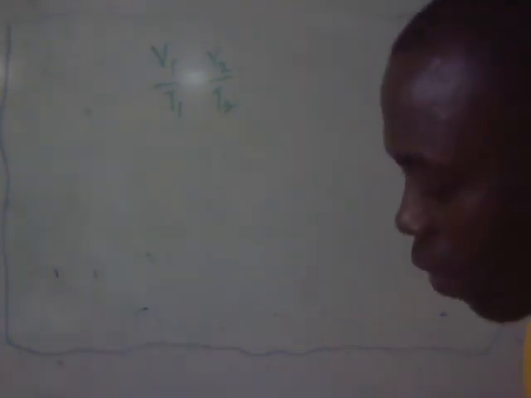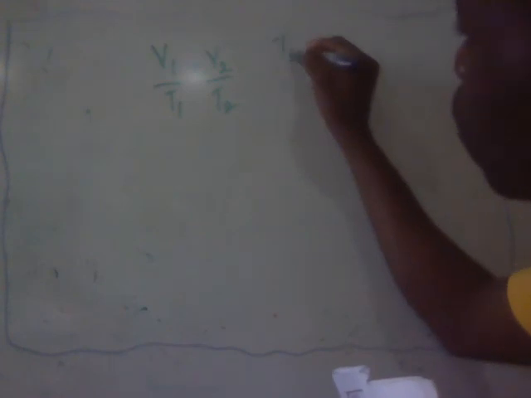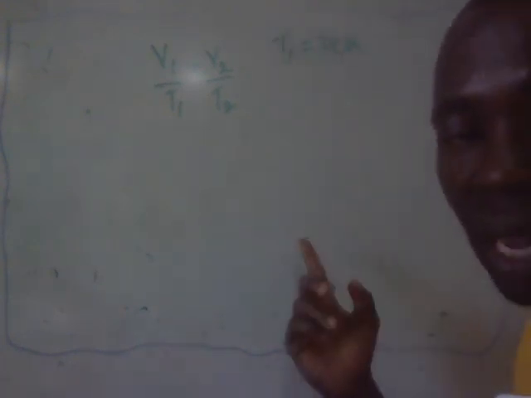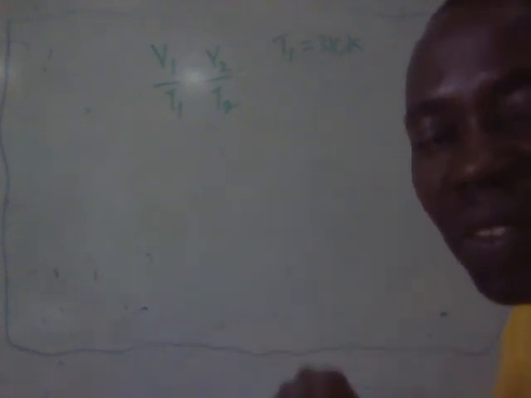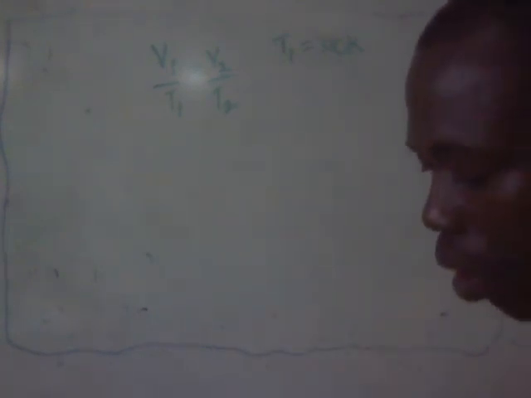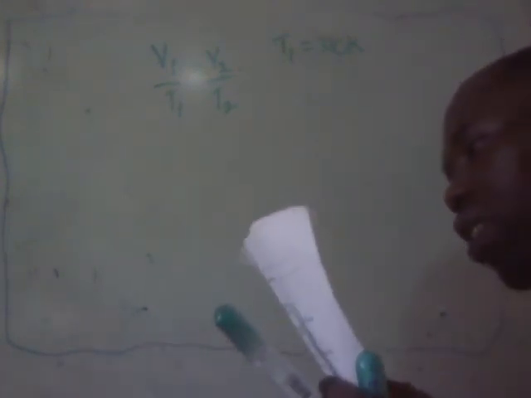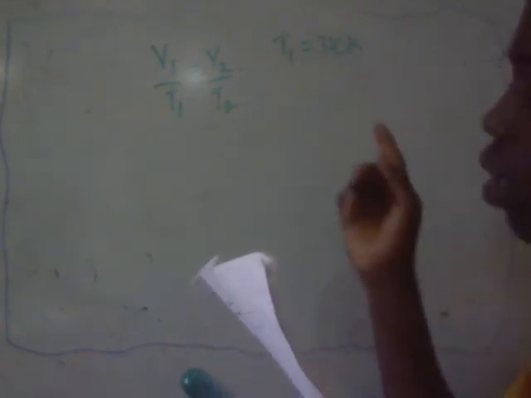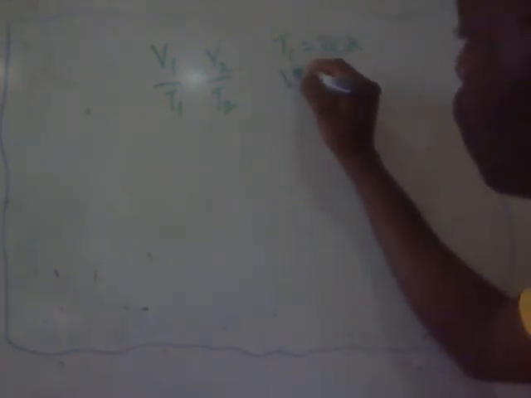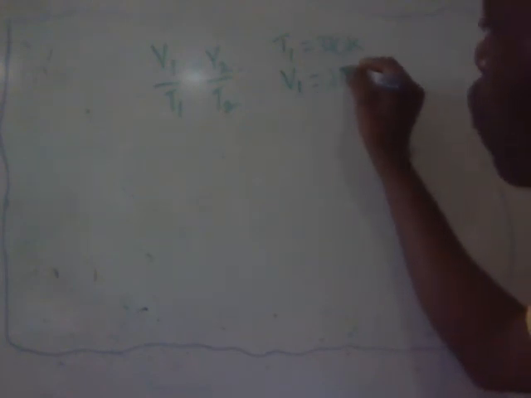Let's look at the parameters. The volume of a gas at 310 Kelvin, that is T1. We're given T1 as 310 Kelvin. You are lucky that temperature is already in Kelvin, but if the temperature is in degrees Celsius, you convert it to Kelvin by adding 273. The volume was 200 centimeter cube, that is V1.